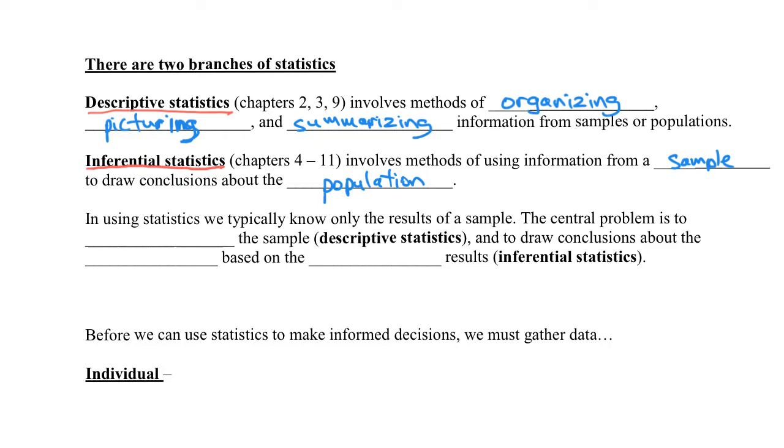And this class starts off pretty basic, so be careful about that. It starts off with descriptive statistics, which many of you are familiar with just from previous classes and just from being alive on the planet, and you run into some of this stuff. So students sometimes think, oh, this class is pretty easy, I don't really need to do the homework or do anything.